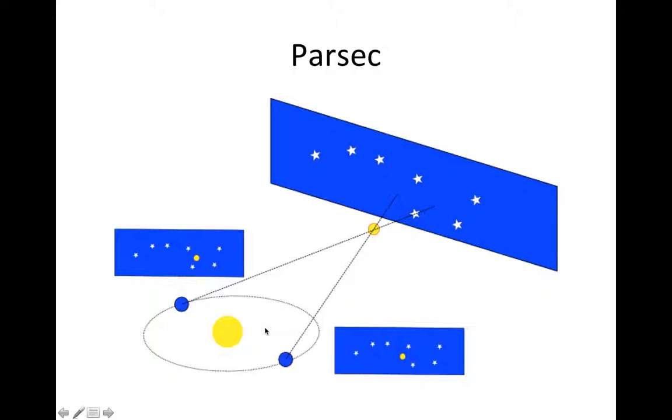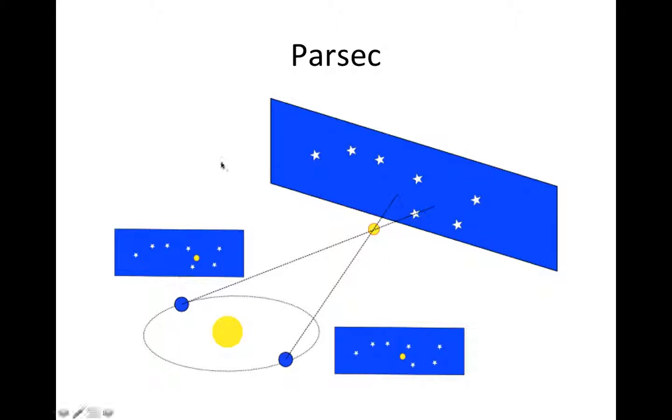What has moved is actually the Earth and the angle at which we see the star. And so that is the parallax effect. All right, so the parallax effect is the effect that you see things moving when you change your point of view, your perspective. The object has not moved. What you are seeing is the angle of perspective.